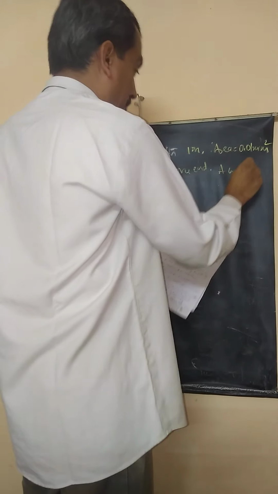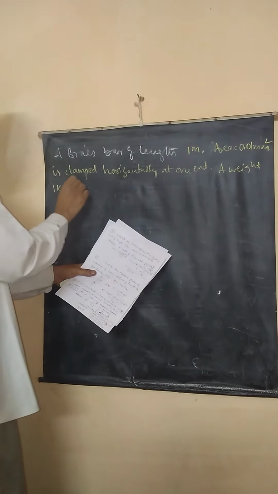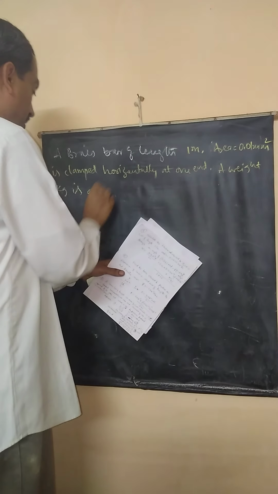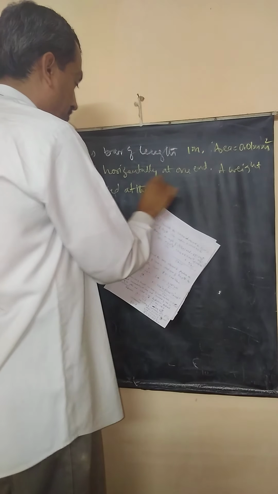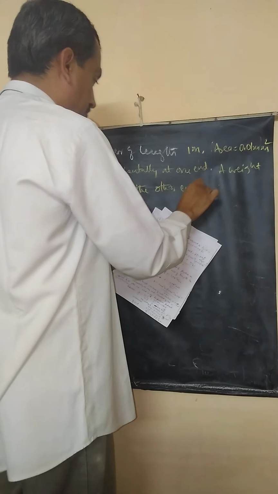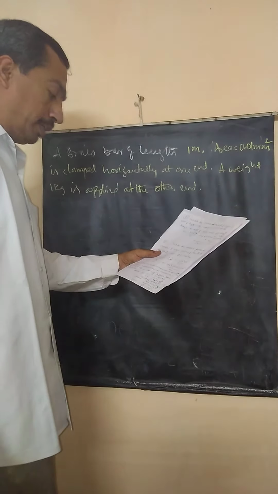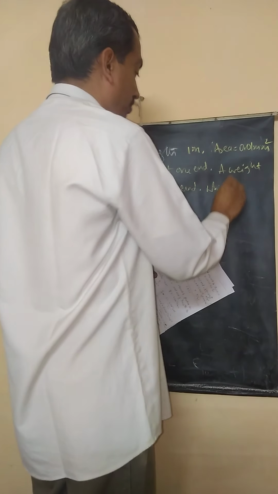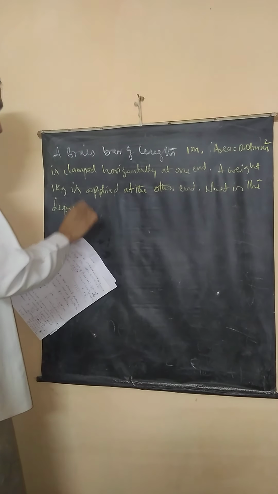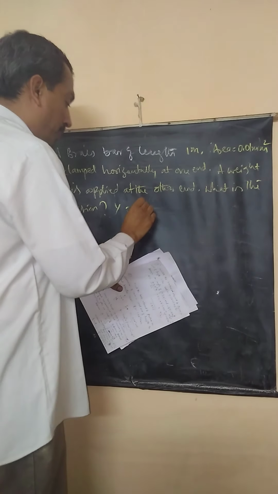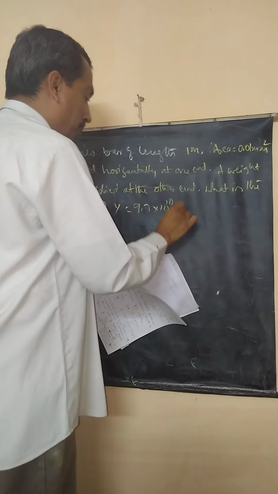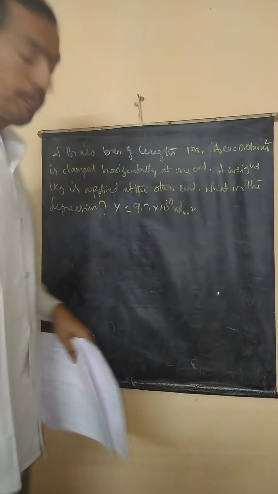A weight 1 kg is applied at the other end. Okay. What is the depression produced? Given Young's modulus is equal to 9.7 into 10 power 10 Newton per meter square. So what is the problem?